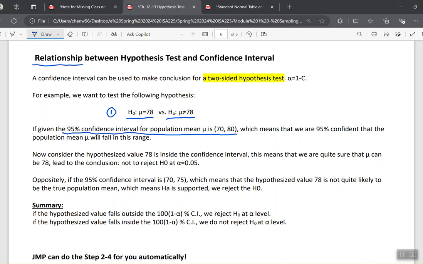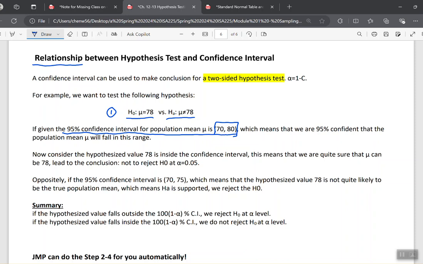Without knowing X bar, without knowing the S or sigma, without knowing the sample size, I have actual information about the population mean's confidence interval. So what is our conclusion? Now we have this confidence interval, and it is from 70 to 80. So what does that mean?